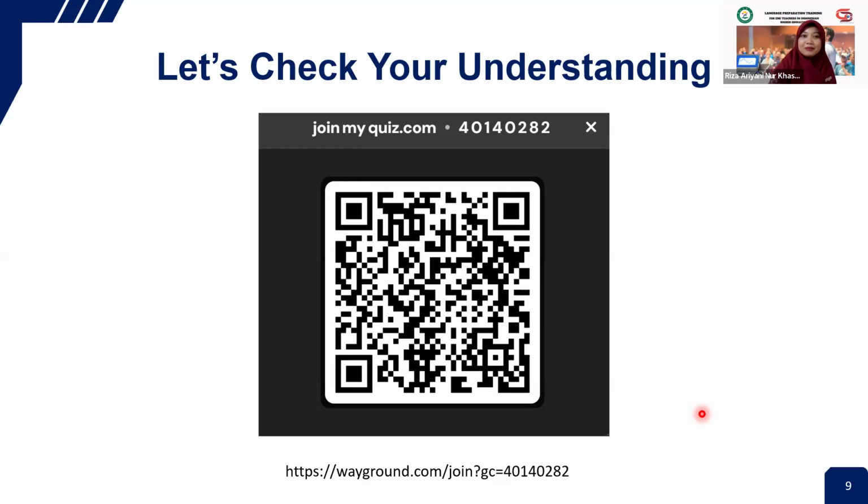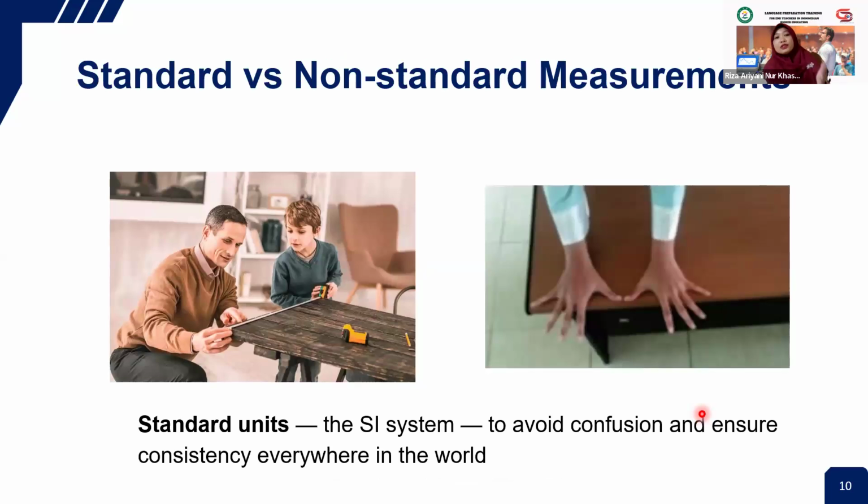Okay? Okay. We already understood physical quantities and derived quantities, but how to measure them? Yeah, you can see these 2 figures. The first figure shows a boy and his dad measuring the width of the table using a ruler. And for the second figure, a boy is measuring the width of the table using his hand.